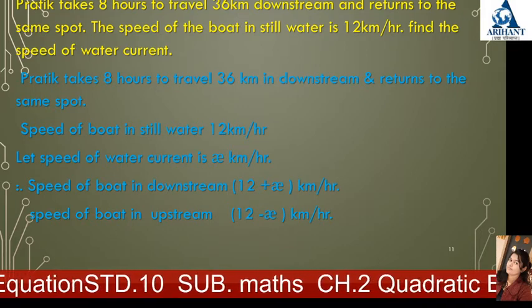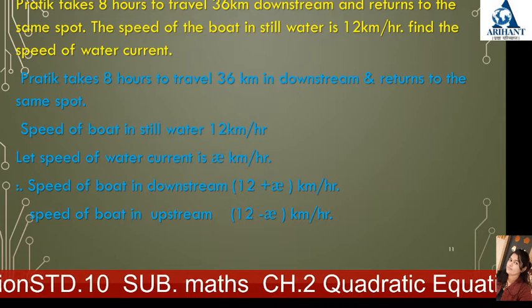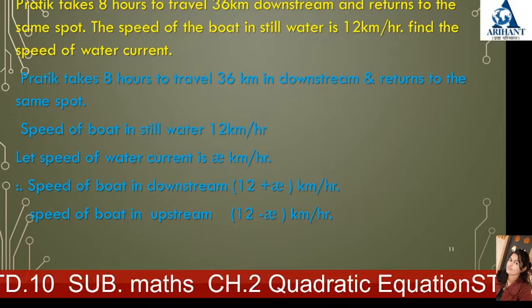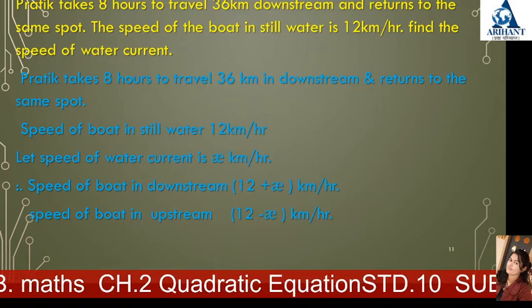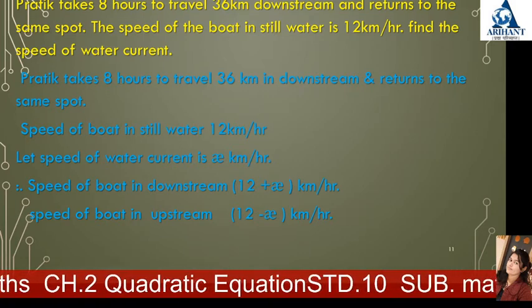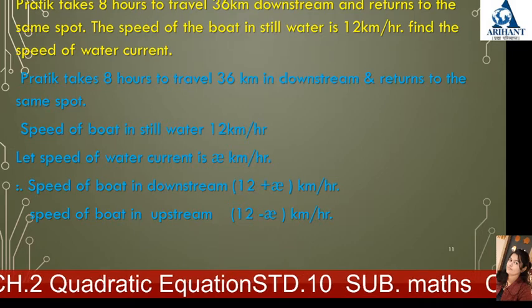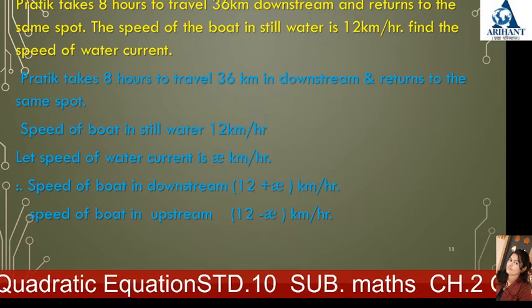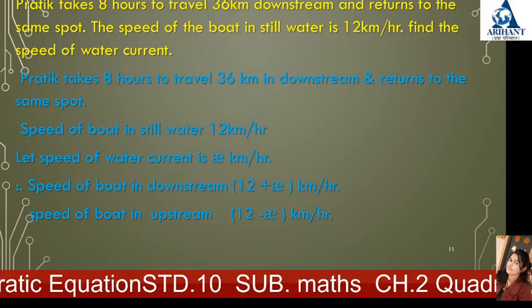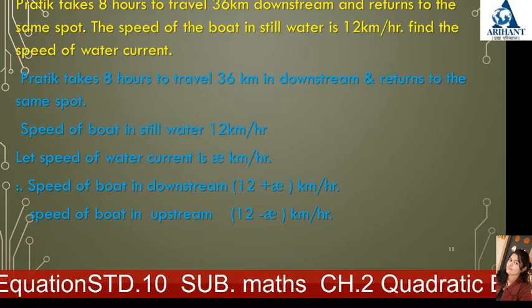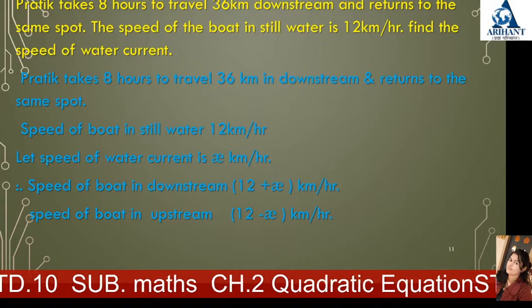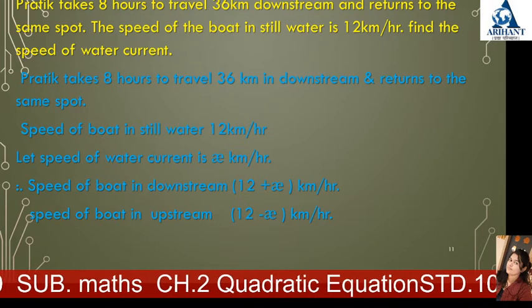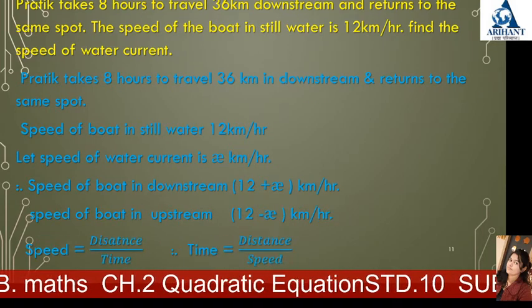In such examples, for the downstream we consider positive sign, and for upstream we consider negative sign. Remember, this is very important. For the downstream we consider plus sign, and for upstream we consider negative sign. So the speed of the boat in upstream is 12 minus x kilometer per hour.